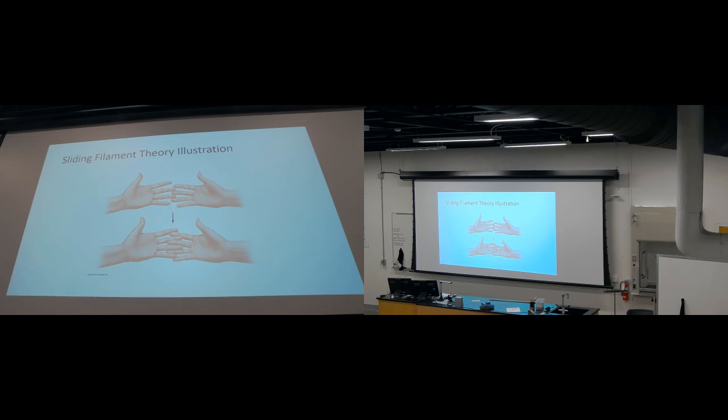So if your hands will be actin and myosin, myofilaments, and these knuckleheads will be the Z disc, then during relaxation you have a specific overlap of actin over myosin.